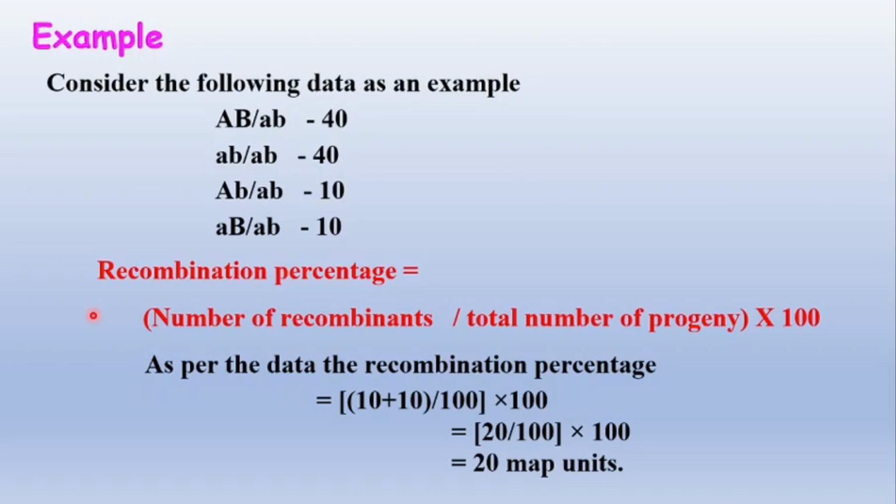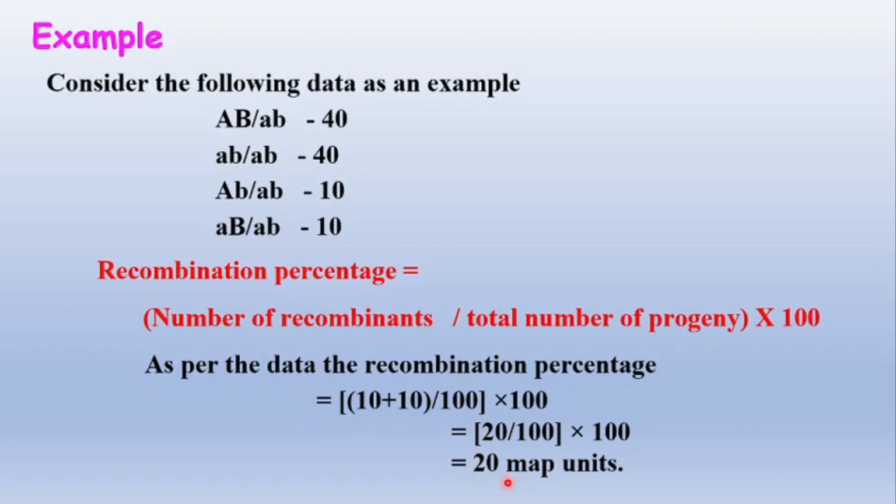So the recombination percentage is nothing but the number of recombinants by total number of progeny into 100. Here the recombinants are these two genotypes. So 10 plus 10 by 100 into 100. That is the final calculation.